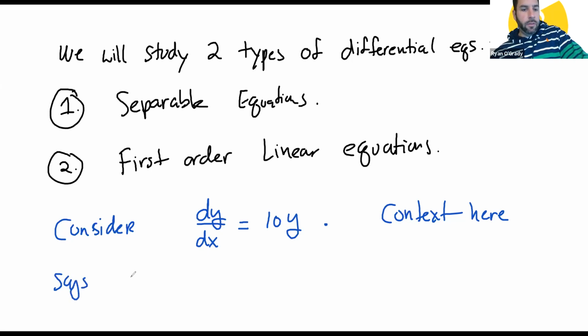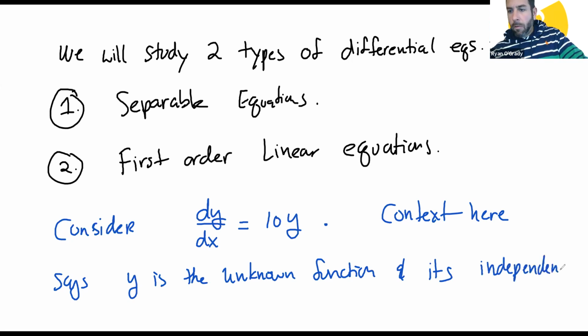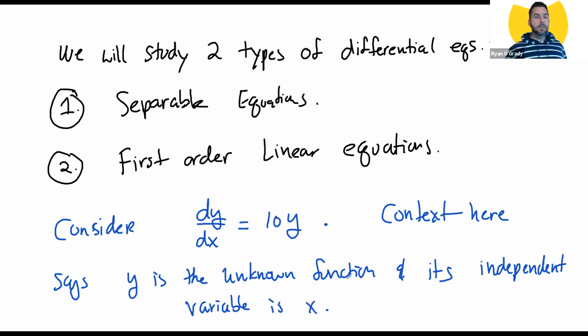It says first that y is the unknown function. And the function has an independent variable, and that's the letter x.